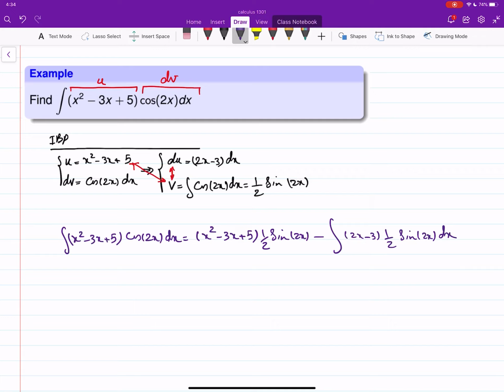And now when I look at the last term there, what I notice is that, oh my, this is not an integral that I can find from the table. Actually, it is a polynomial times sine of 2x, which we just learned can be done by IBP. Does that mean that we didn't make the right choice for u and v?